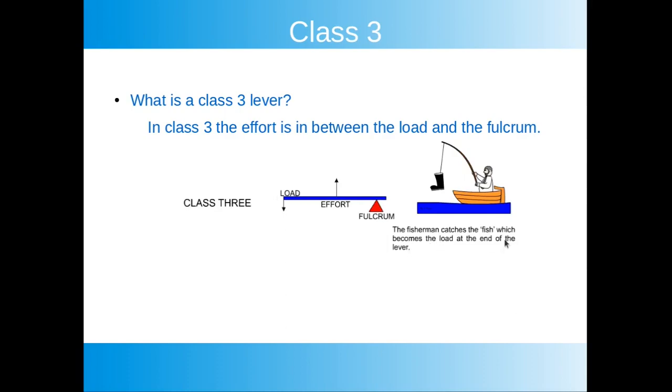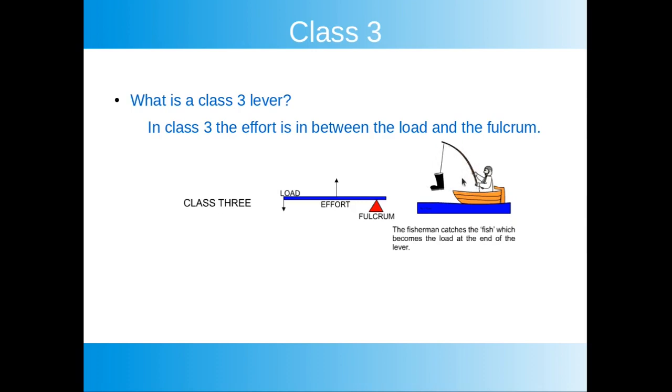So here's an example for you. The fisherman catches the fish, which becomes the load at the end of the lever. So here's a shoe, but we can keep it as fish. Now the fish or the shoe is the load, and the stick, right?